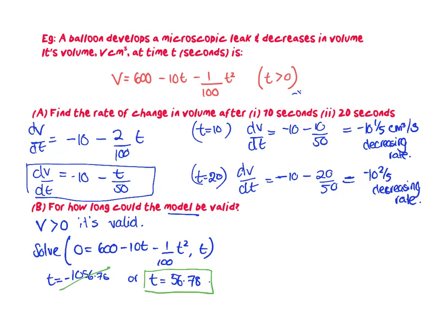So when you say when is the model suitable, you just say the model is suitable from the minute it starts losing air all the way up to when it's got no air, or volume, I should say. So we can write it like that. Okay.